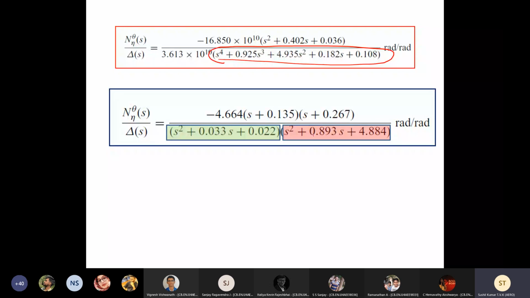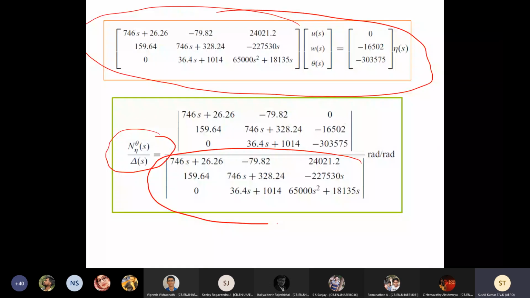All you have to do is look at the numerator. Denominator, there is no issue, it's the same determinant for everything. Depending on whether you want theta, W or U, you substitute into the corresponding columns and get the transfer function.